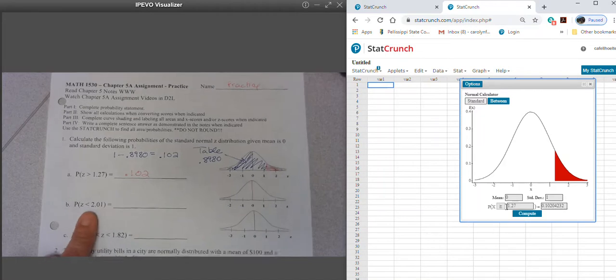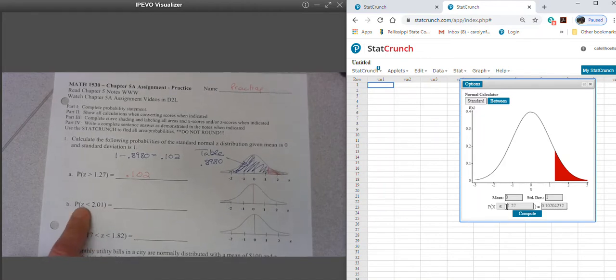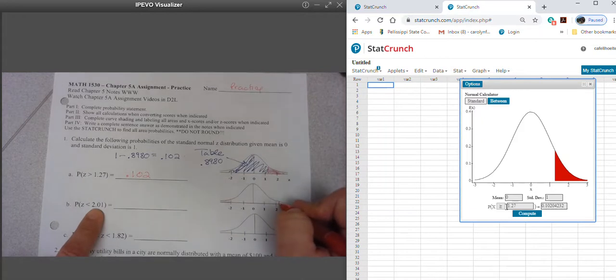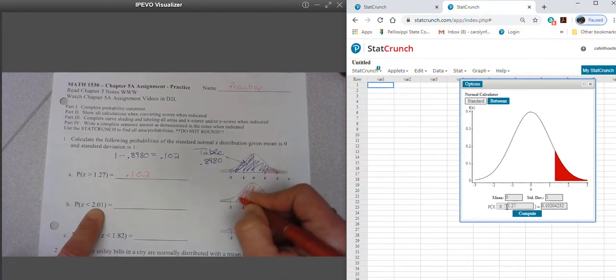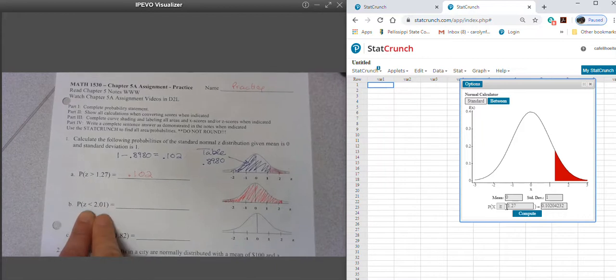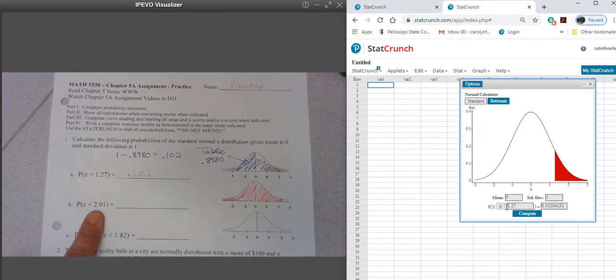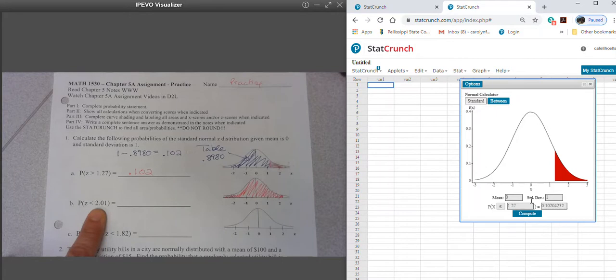So this is, what's the probability that a z-score would be less than positive 2.01? So 2.01 is about right here, and we need this area that's less than that. So we need the area of all this part here that's shaded. We could use the table, but I'm just going to go to StatCrunch. This stays 0 and this stays 1.